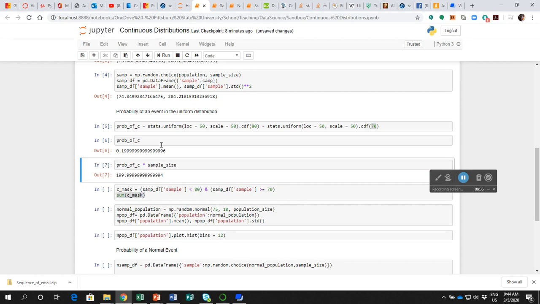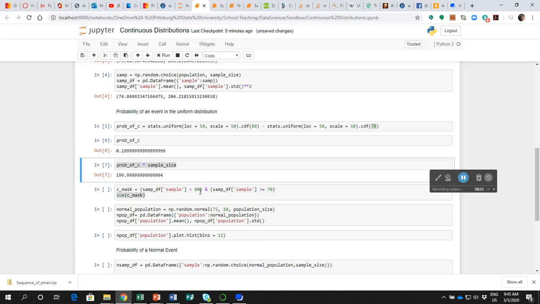But what about my actual sample? This 200 is a theoretical prediction. How did my sample actually turn out? Well, I set up a mask, my C mask.